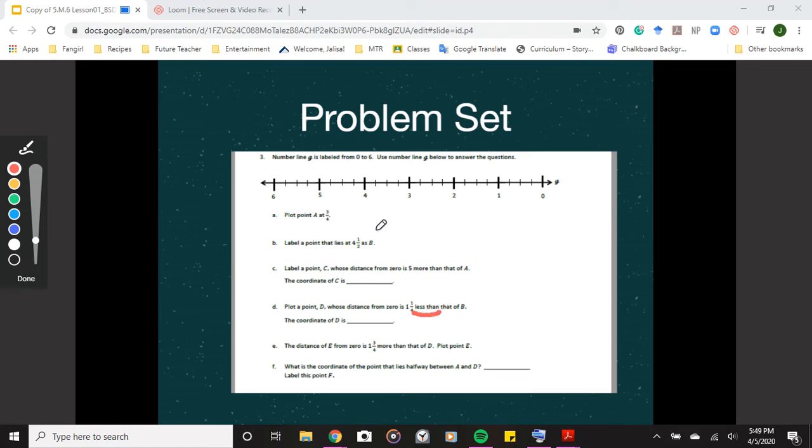All right. If we look back at where B is, 4 1/2. So let's go ahead and write that down. 4 1/2. And we're going to be subtracting 1 1/4 from it because it's what it's asking us to do.